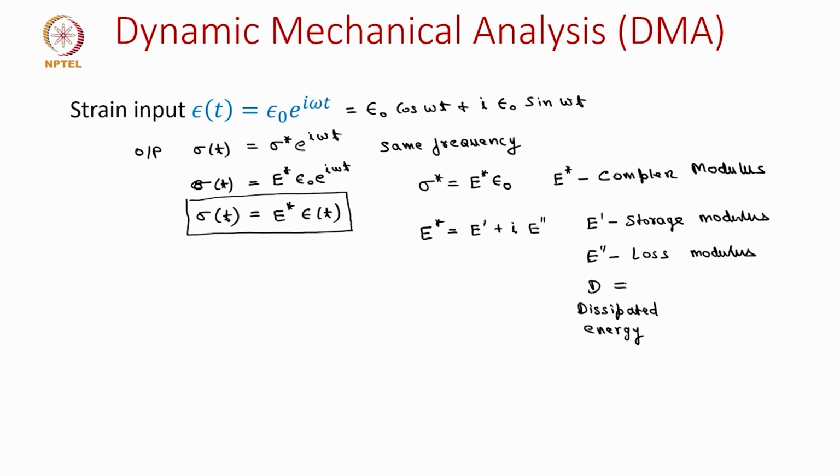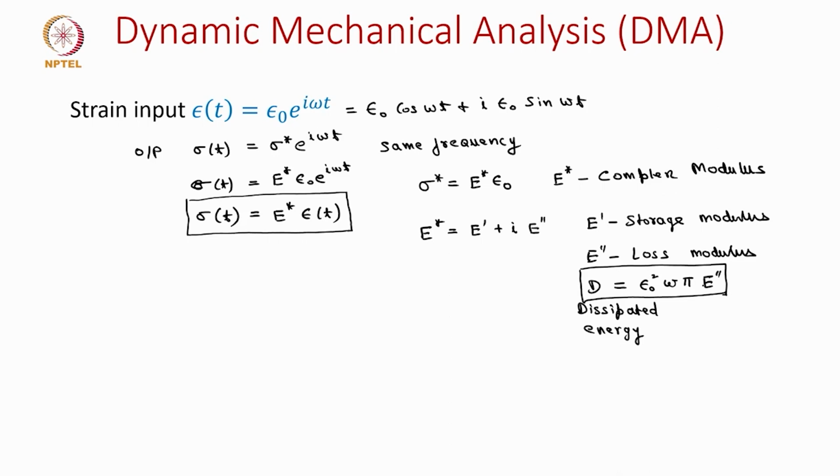this is given as epsilon naught squared times E double dash. So here we see that the dissipated energy D is directly proportional to only the loss modulus and not the storage modulus.